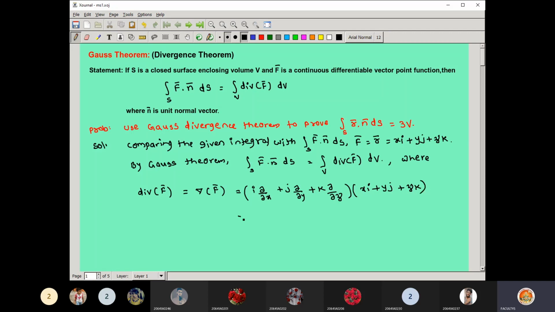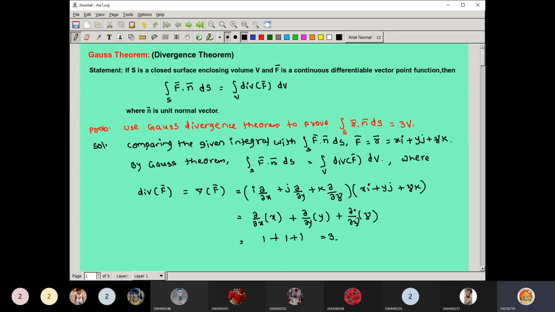When you take the dot product, i with i, j with j, k with k, and i dot i is 1. So you get dou by dou x of x, similarly dou by dou y of y plus dou by dou z of z. On differentiating, you get 1 plus 1 plus 1. The final answer is 3.